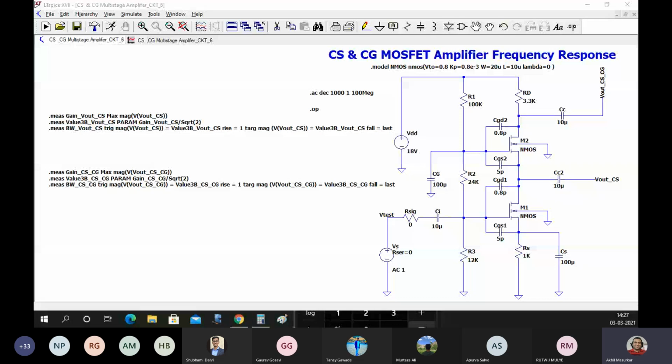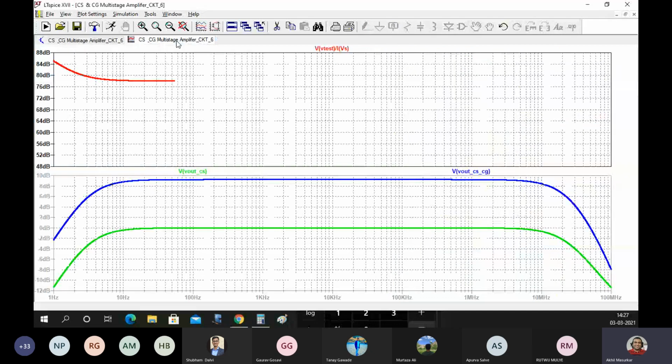First, I want you to post the circuit and the graph, both of them like this. Both should be visible properly.